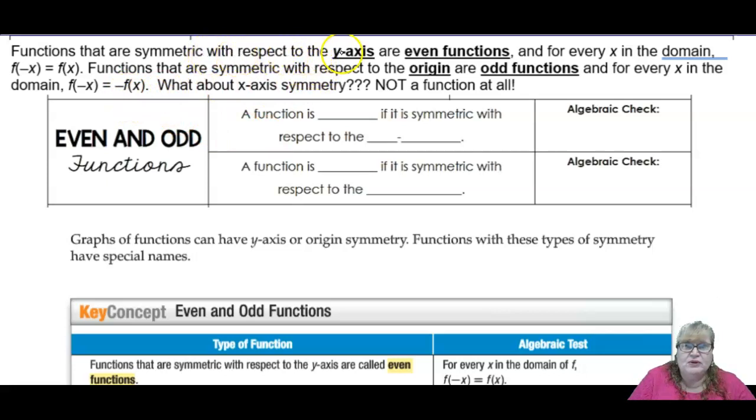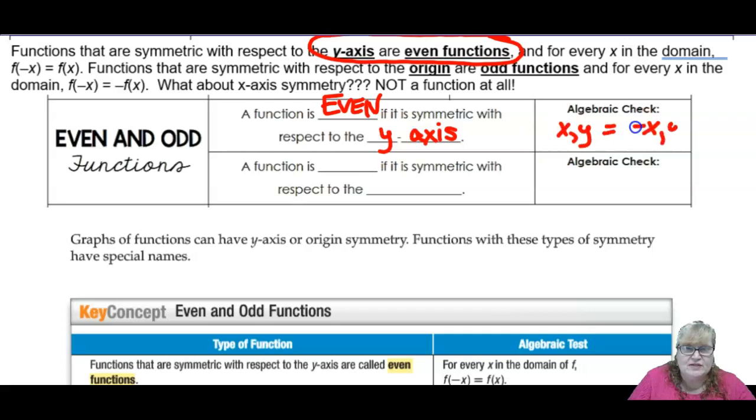Functions that are symmetric with respect to the y-axis are called even functions. A function is even if it is symmetric with respect to the y-axis. So the algebraic check for y-axis symmetry is (x, y) is equivalent to (the opposite of x, y).